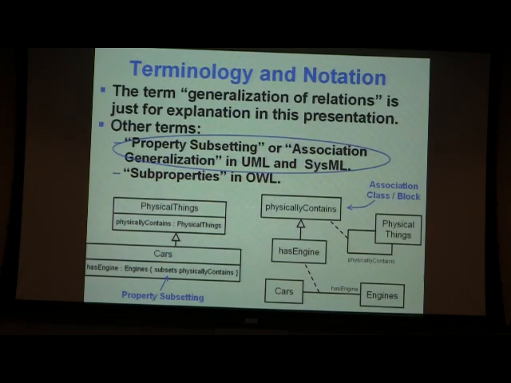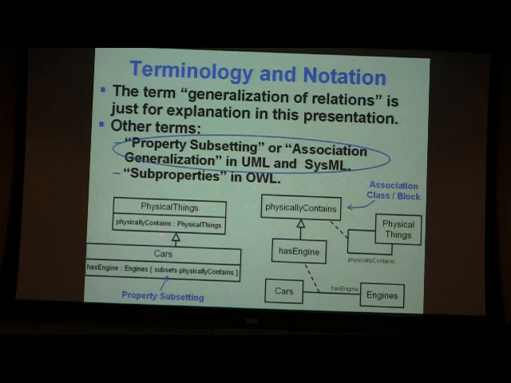Again, going back to terminology, in UML it's called property subsetting or association generalization, and the specialized ones are called subproperties. So here's a notation for it. In UML or SysML, you'll see the property physically contained on physical things, which relates physical things to themselves.